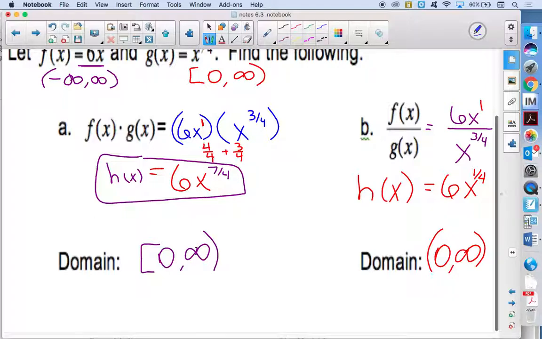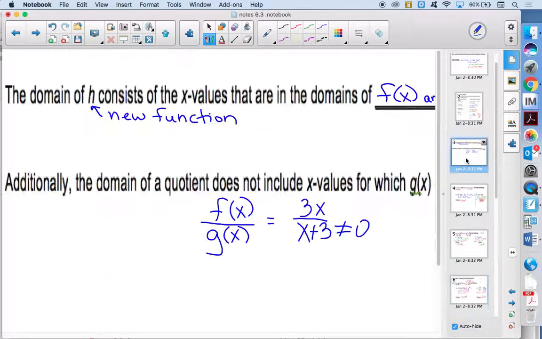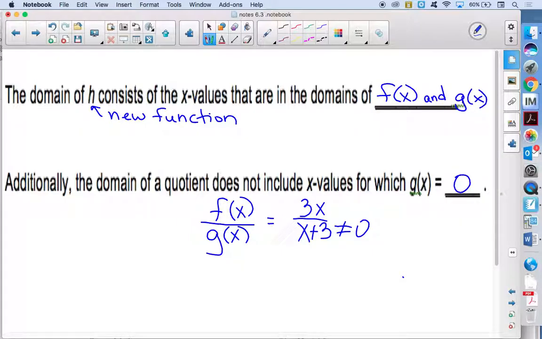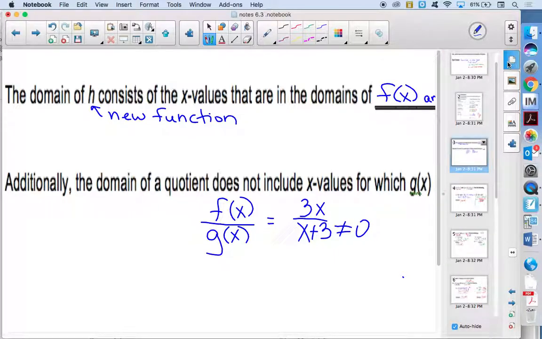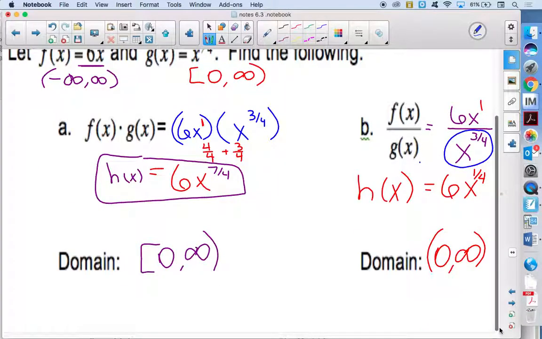Because you have an x in the denominator, remember now we have that denominator. When your g of x is in the denominator, it's not allowed to be 0. Because it's in the denominator, it can't be 0 because it would make the fraction dividing by 0. So that's why that one gets a parenthesis where the other one does not. So it's not allowed to be 0 because I can't divide by 0.